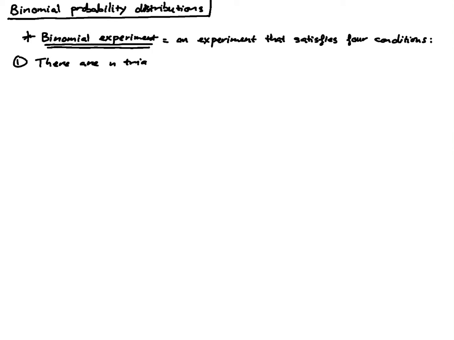So the binomial experiment is an experiment that satisfies four conditions. The first condition is that there must be n trials. The second condition is that each trial must have two outcomes.